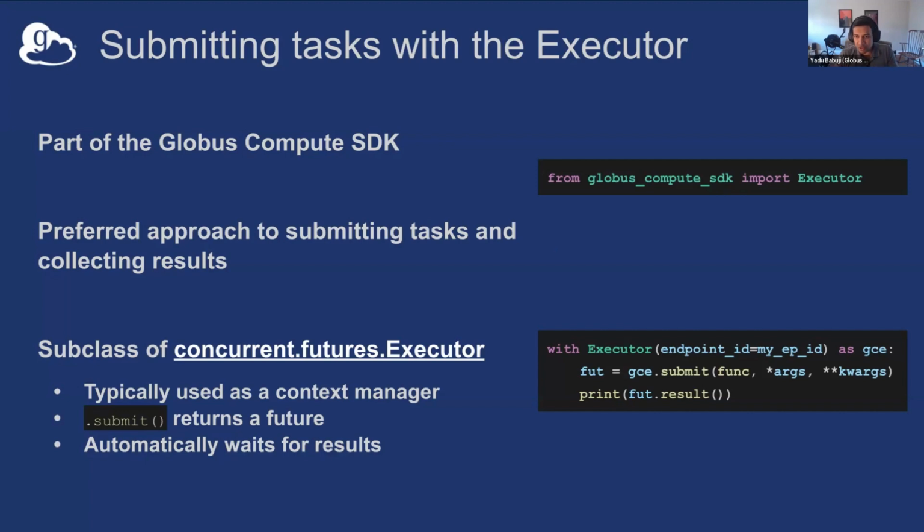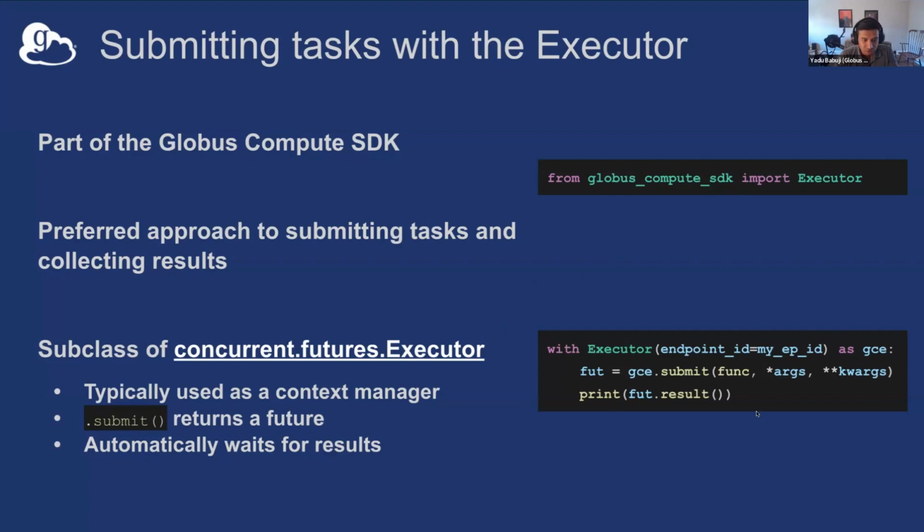The SDK's executor method is more Pythonic in that if you have experience using, say, the ThreadPoolExecutor or the ProcessPoolExecutor or any of the computational platform solutions, for example, Dask or Ray, you would be familiar with the executor. So the Compute SDK's executor gives you that familiar interface to interact with the Globus Compute system.